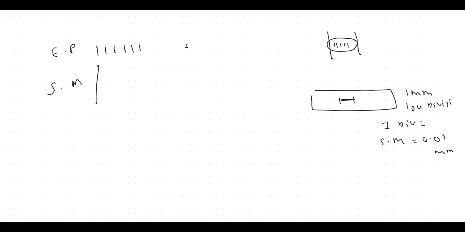So the eyepiece graticule and stage micrometer divisions should completely coincide with each other. And then I will look for any other division which is completely coinciding. What I'm finding over here is 4 divisions of eyepiece is equal to 1, 2, 3, 4, 5 divisions of a stage micrometer.